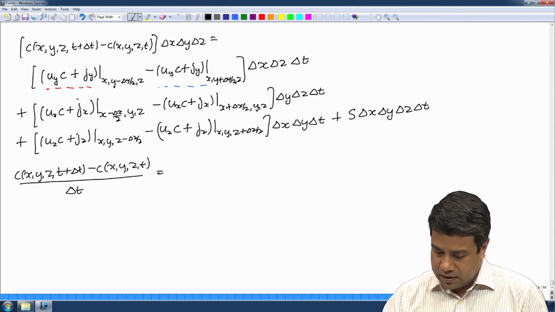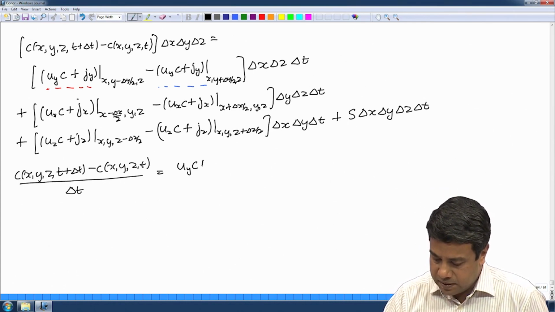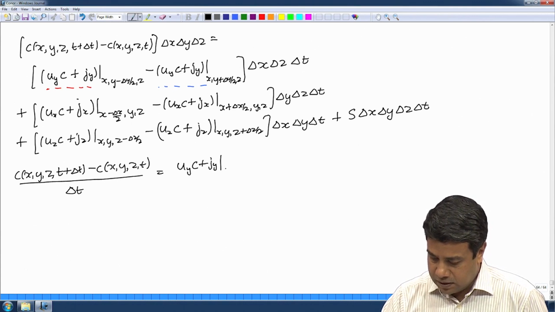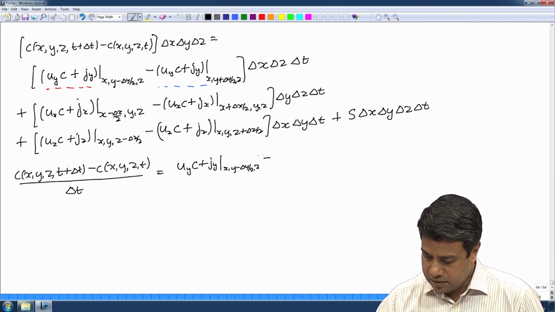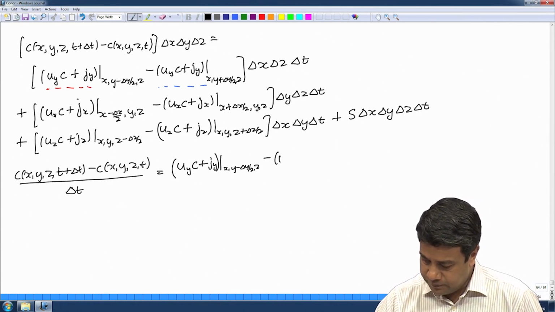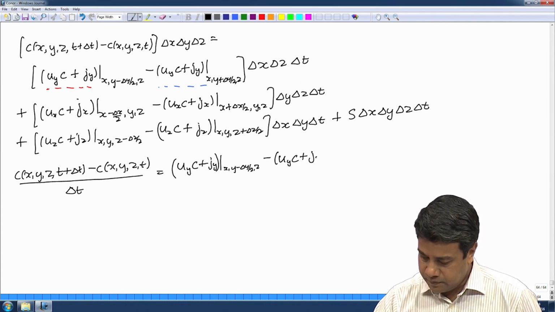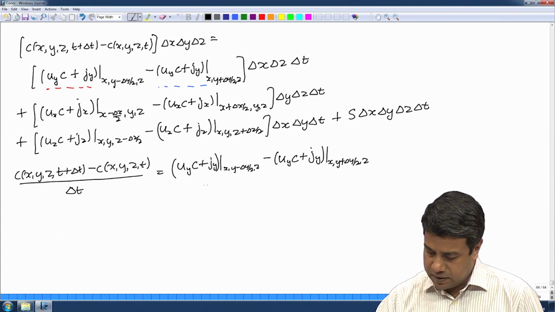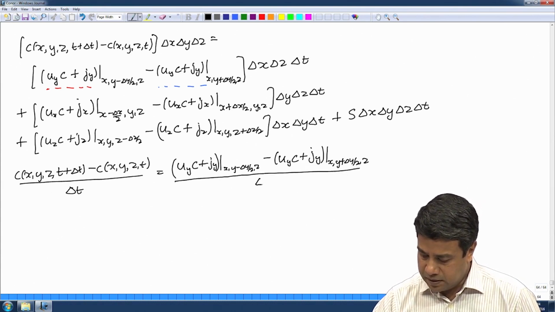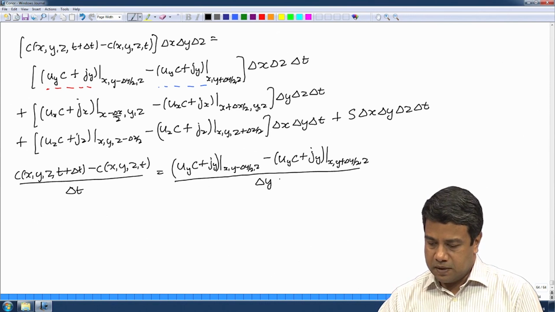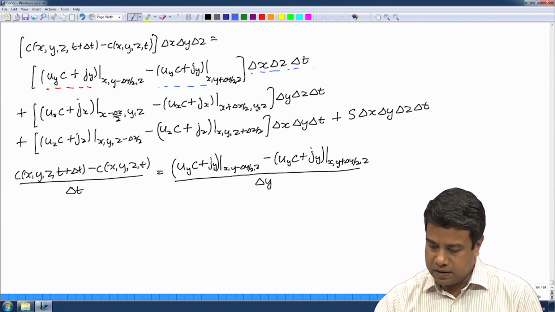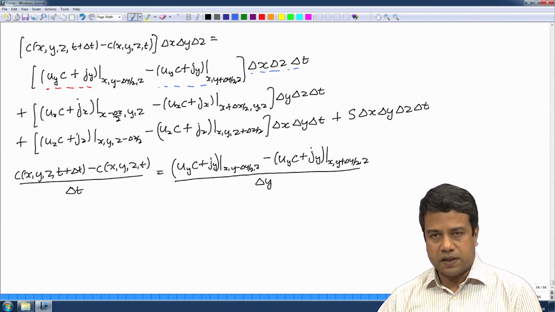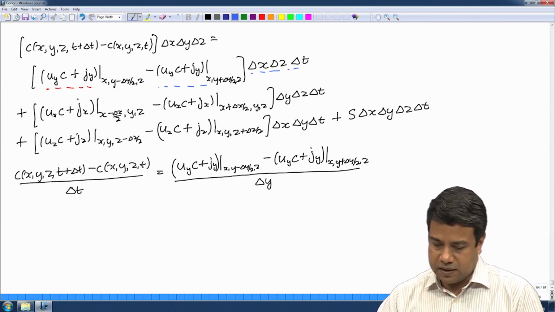On the right side, I will get uy c plus jy at x, y minus delta y by 2, z, minus the same quantity at y plus delta y by 2. The whole thing now will be divided by delta y, because I had a delta x, delta z here and delta t, and I divided throughout by volume and time. So, this is what I will get for the y direction.